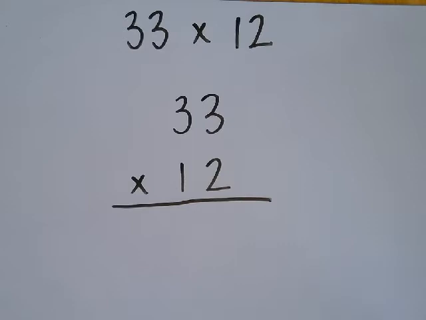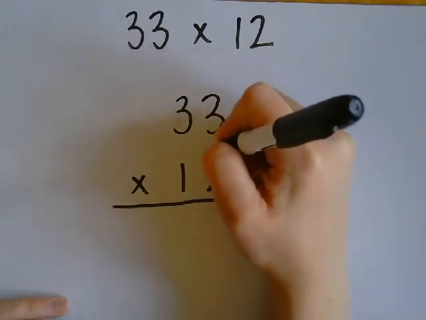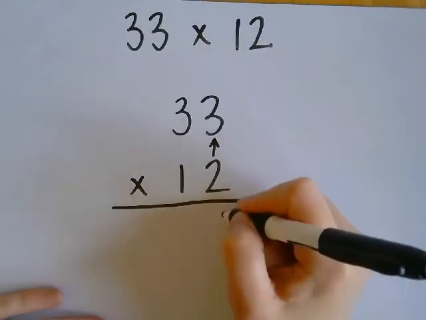What I mean by that, I'll explain as I go through, but if something doesn't make sense, please go back and rewatch those first couple of videos, and it will kind of help explain some of these terms that I'm going to be using. All right, if I start in the ones place, I'm going to first multiply 2 times 3, and I know that is 6.